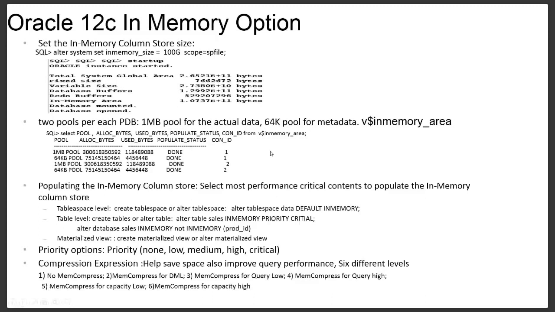So they are using the in-memory option. But then I did some comparison. I found that if you load a table into two nodes, the query performance was very bad. This is just an example to show that.